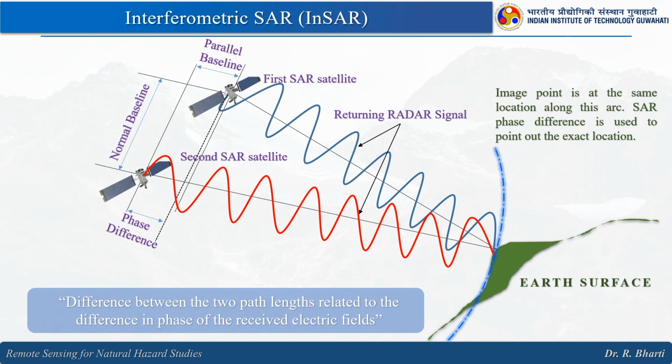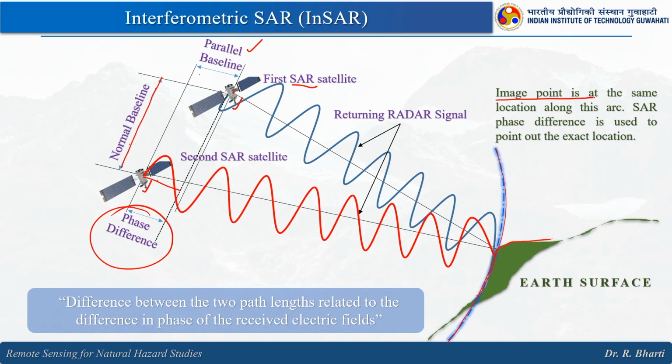Here you can see this is the arc where it is looking. So this is the topography. Now, here we have two radars. This is the first one, this is the second one, and the difference between these two will be your normal baseline. Here this position and this position, the difference is the parallel baseline, and the difference between these two will be the phase difference that we will be estimating using the satellite image.